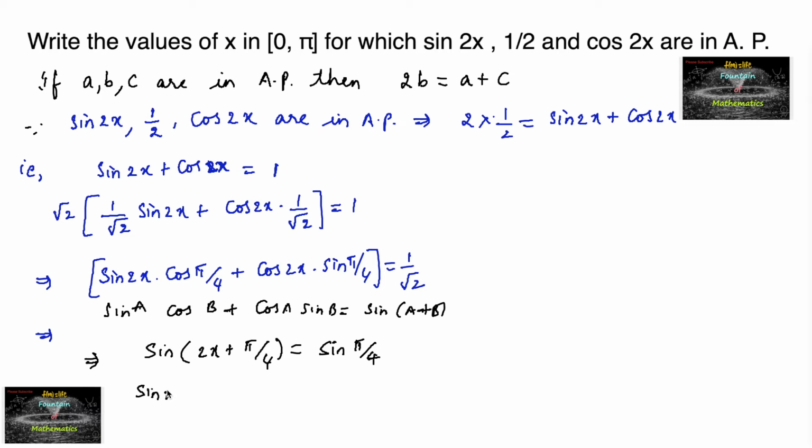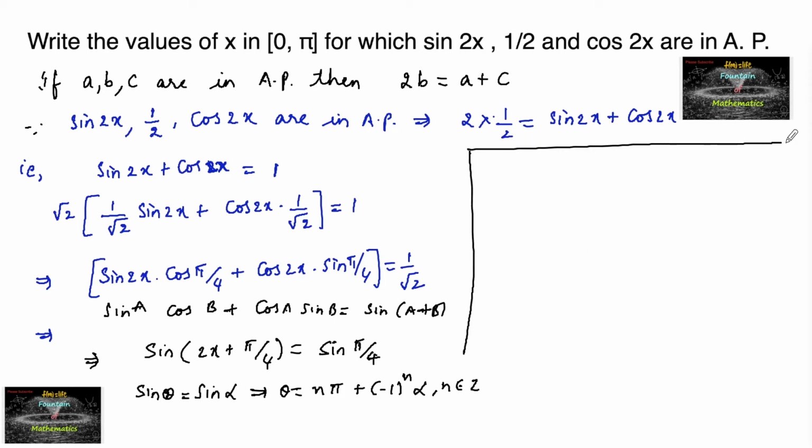and we know that sin theta is equal to sin alpha implies theta is equal to n pi plus or minus 1 whole power n alpha, where n is an integer. So here theta is nothing but 2x plus pi by 4. So we can write 2x plus pi by 4 equals n pi plus minus 1 whole power n into alpha.